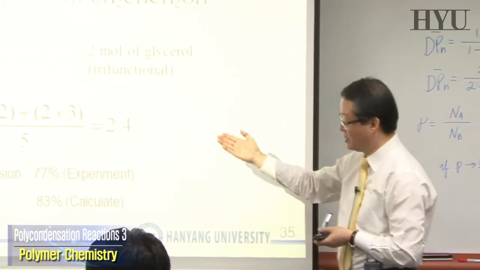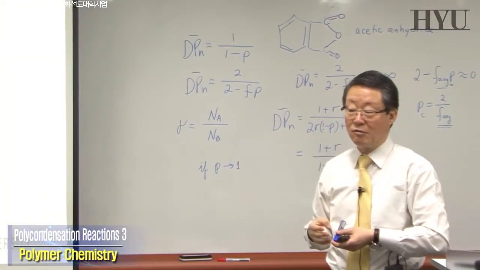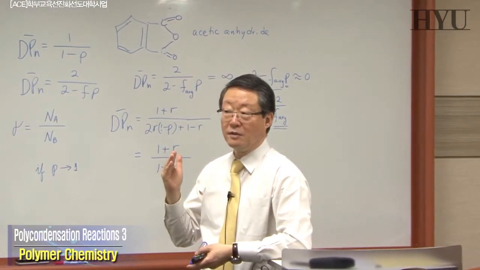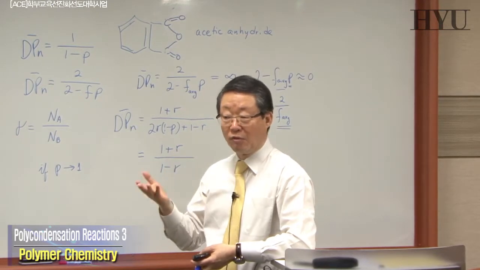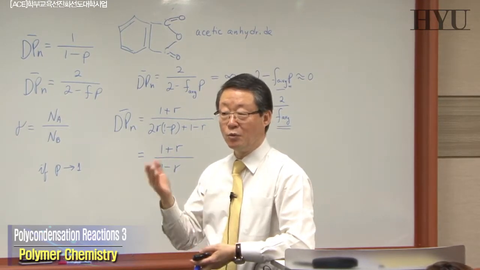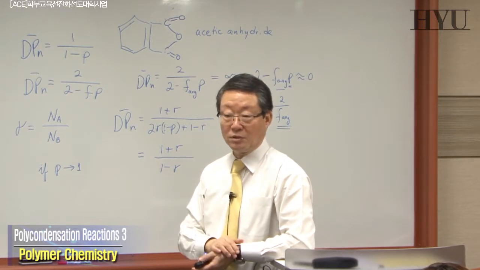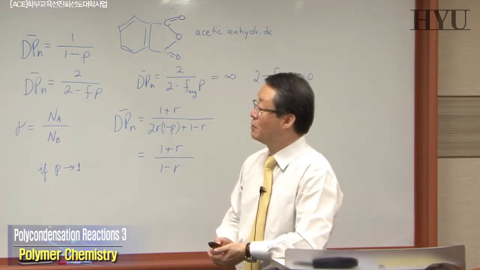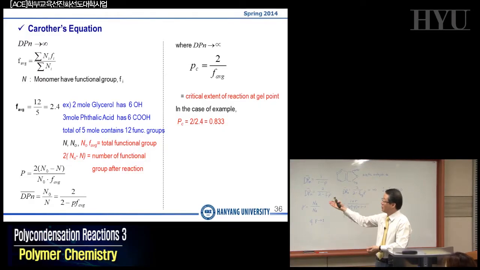Okay? So it's not exactly the same, but you can at least calculate where the gel point is, so that you can decide whether you want to go over the gel point or stop the reaction before the gel point. I think this is the detail of what I have just told you.